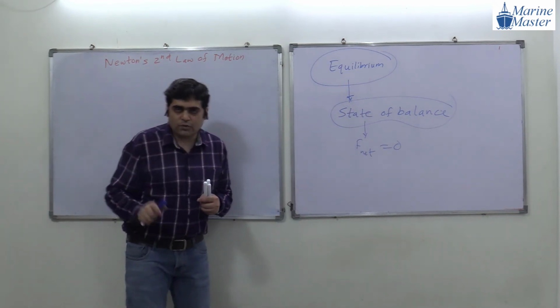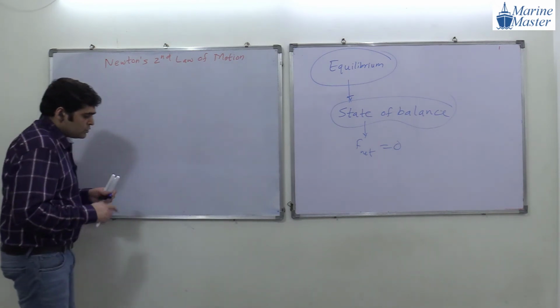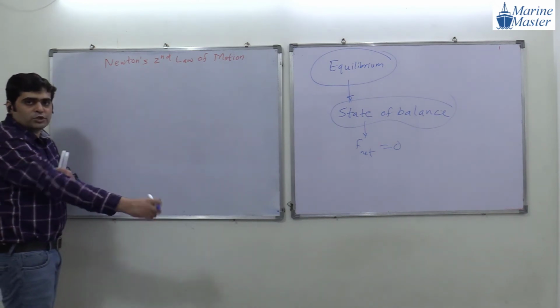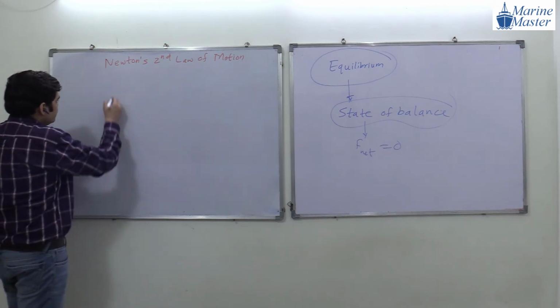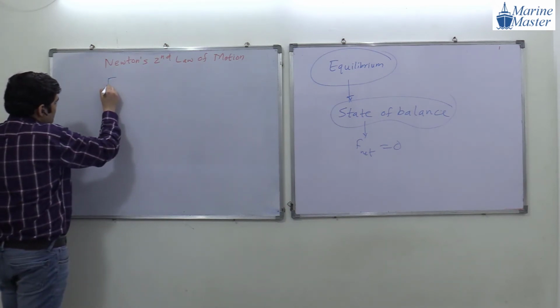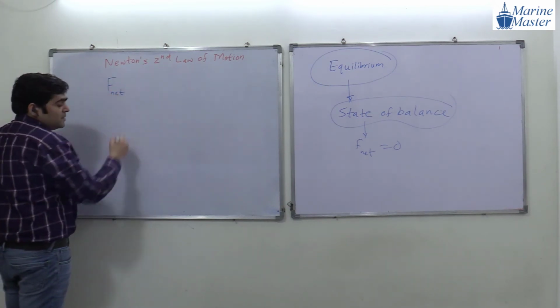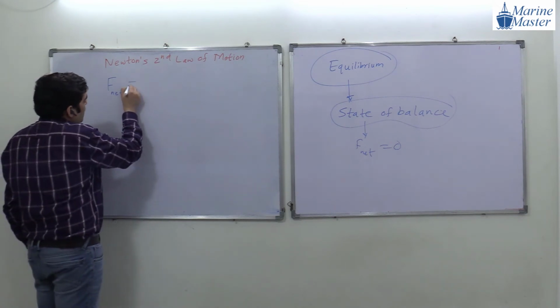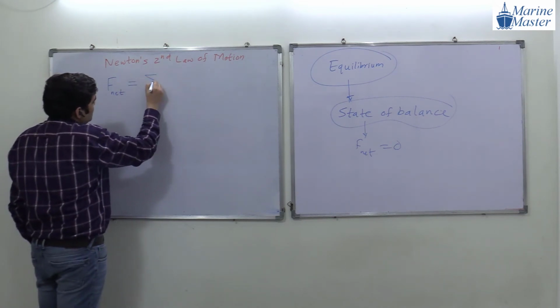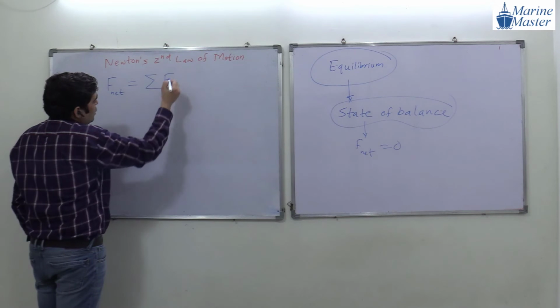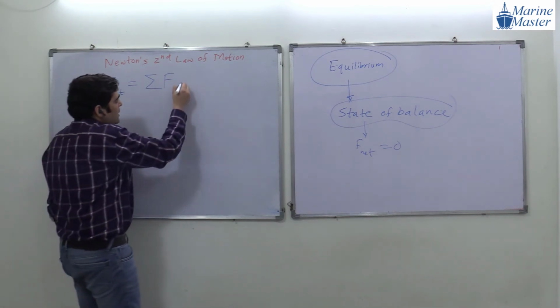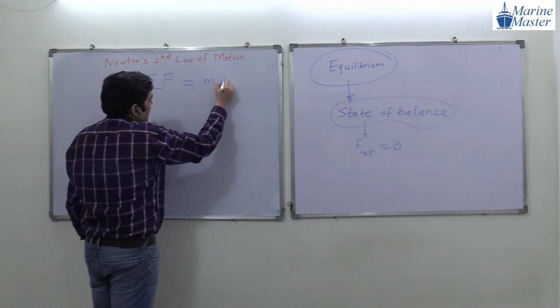Now, Newton's second law of motion. I will explain what is meant by it. According to Newton's second law of motion, the net force on the object, F net, is the summation of all forces, and it is equal to mass into acceleration.